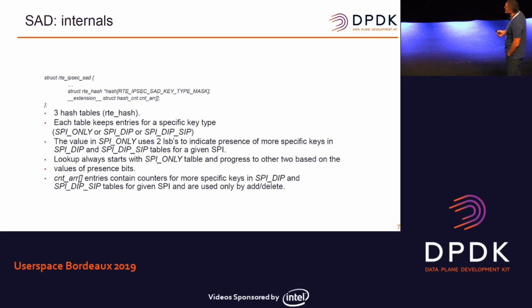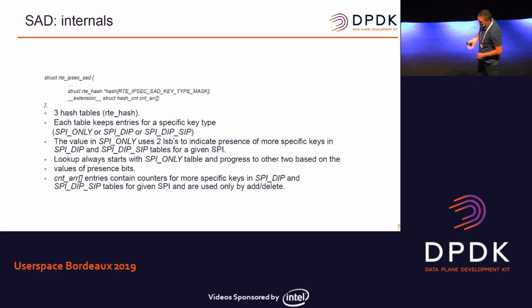So internally, it comprises 3 hash tables. We use our RT hash. Each table keeps entries for specific key types. One for SPI only, second for SPI plus destination IP address, third one for SPI plus destination plus source IP address.